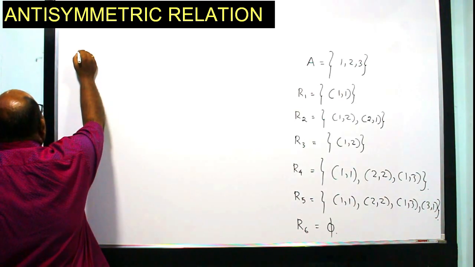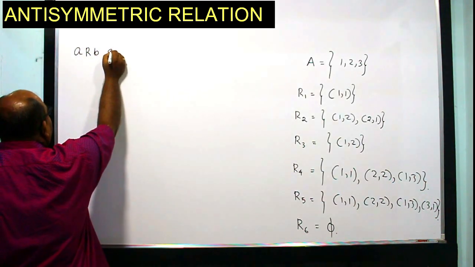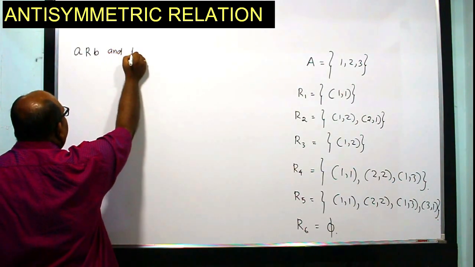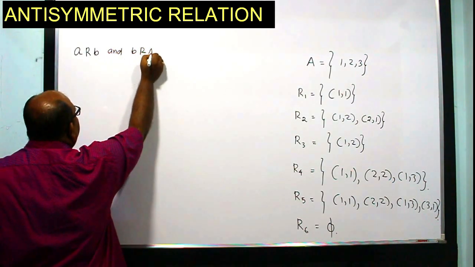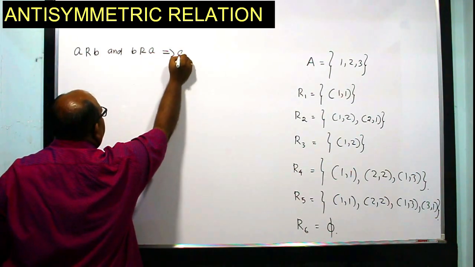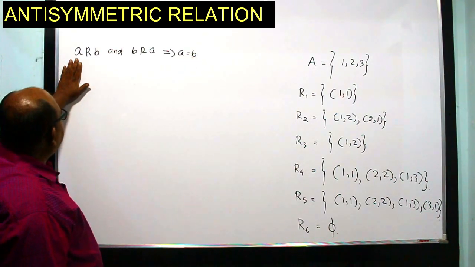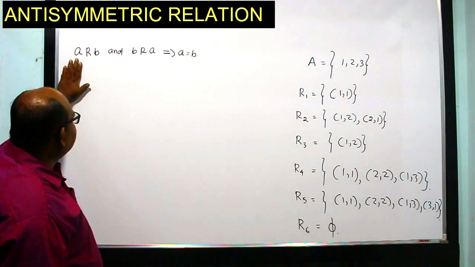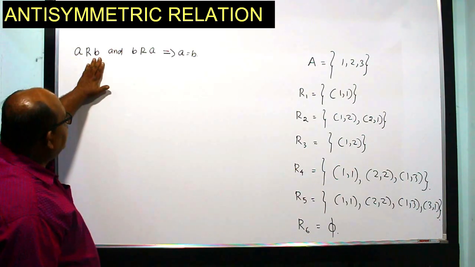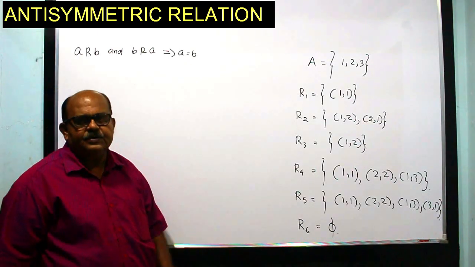Remember, the mathematical part of the antisymmetric relation is: A related to B and B related to A implies A is equal to B. This is the mathematical part of the antisymmetric relation.